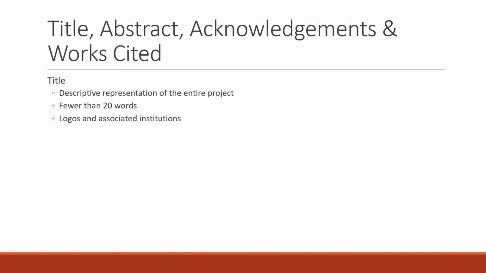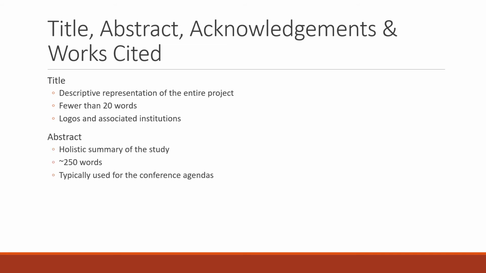This is also the section where you include the logos of your associated institutions and programs. And your title does need to be smaller than 20 words, not including your authors, and below that, the institutions that they are a part of.